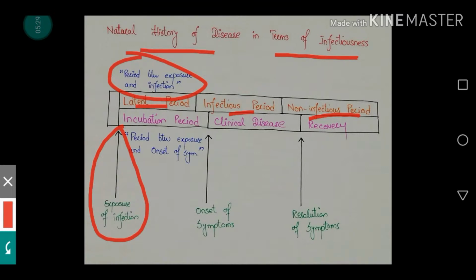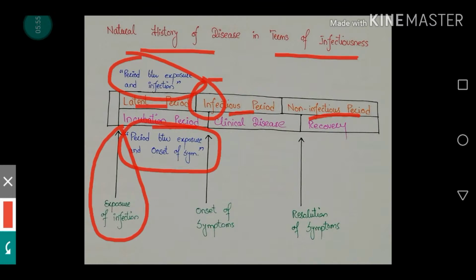However, on the other end, incubation period is that time duration between the exposure and the onset of symptoms. Now, latent period and incubation period have a small overlap, which comes under the category of infectious period, but it is not a clinical disease, as you could see.